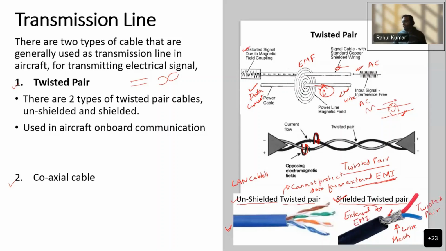Okay, and this wire mesh is then connected to ground. So any current which is being produced by the external electromagnetic interference will be grounded. So it will kind of protect your data from external electromagnetic interference.